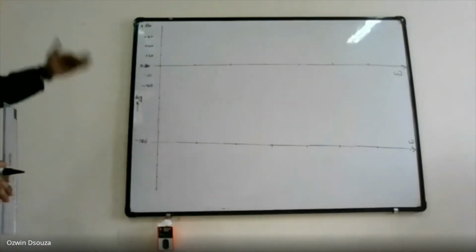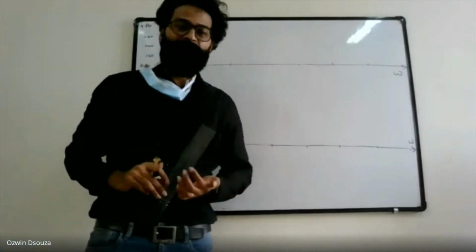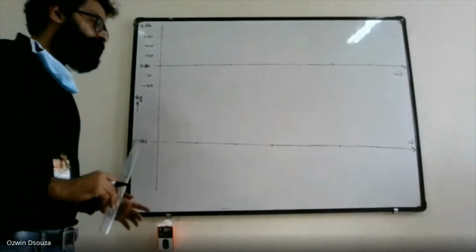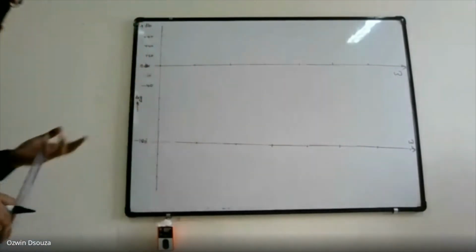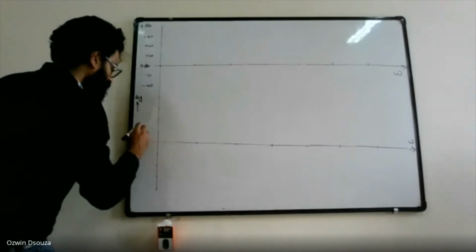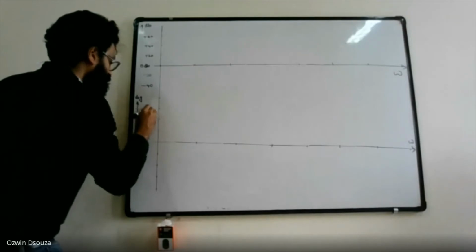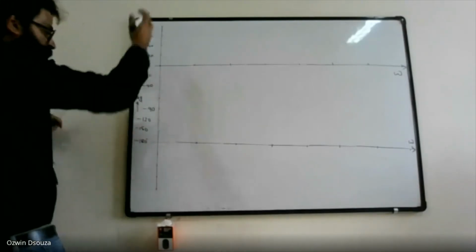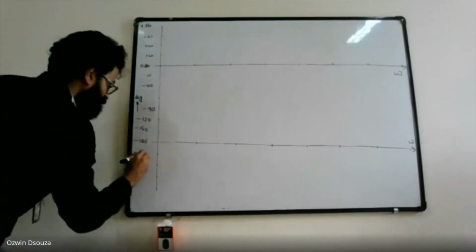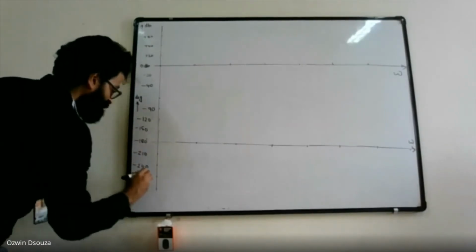Anything above minus 180 degree is considered increasing angle sense, and anything below minus 180 degree is decreasing angle sense. So minus 180, minus 150, minus 120, minus 90, and so forth. This is minus 210, minus 240, minus 270, and so on.